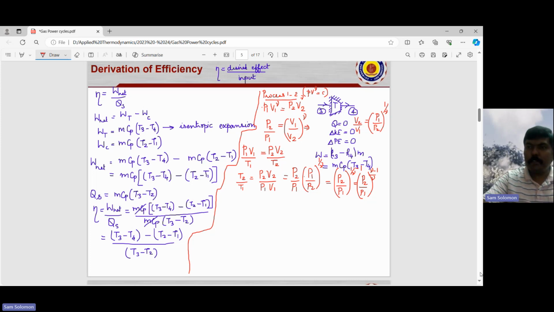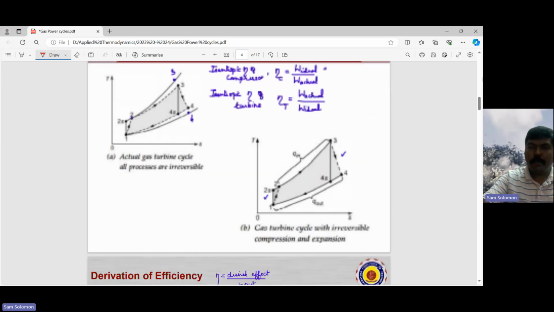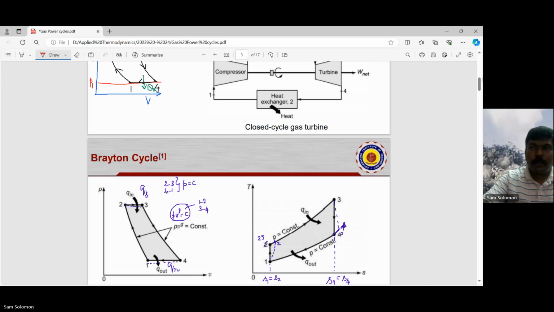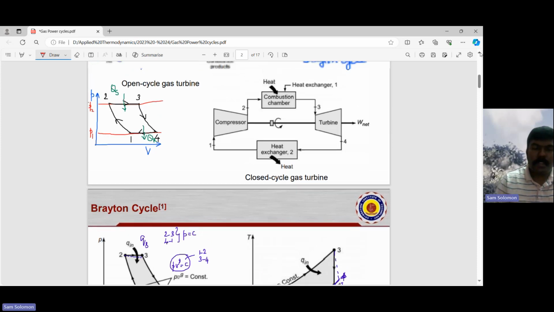If you remember, in the previous slide we have seen that this Brayton cycle operates between the pressure limits P2 and P1. So we can define something called the pressure ratio, Rp, which is nothing but P2 by P1.